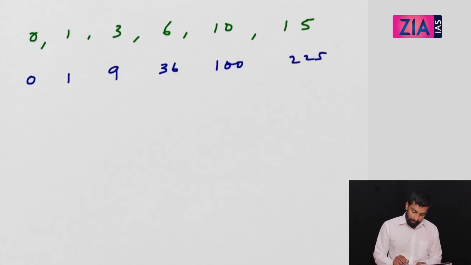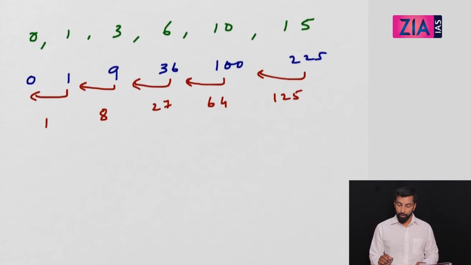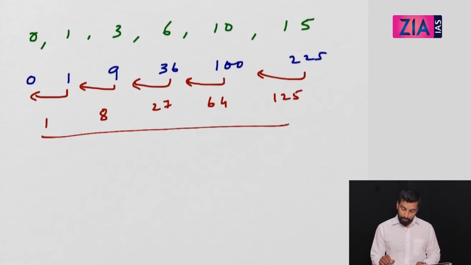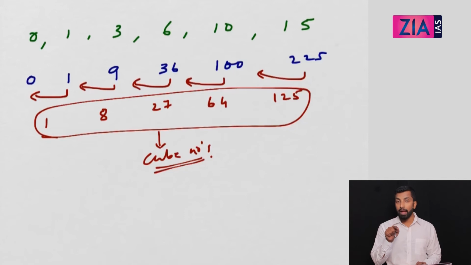Now let's take the difference. 1 minus 0 is 1, 9 minus 1 is 8, 36 minus 9 is 27, 100 minus 36 is 64, 225 minus 100 is 125. Now if you look at this, what is the speciality? These are nothing but cube numbers. So the difference of the squares of consecutive triangular numbers will give you cube numbers.